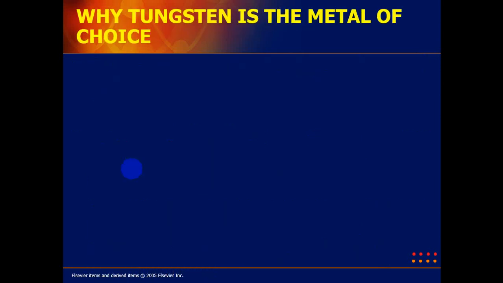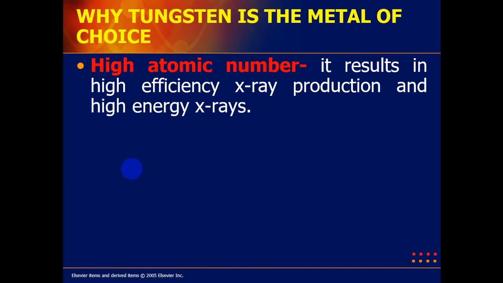So why is tungsten the metal of choice? Indeed, there are many kinds of metal. Gold is a metal, so why tungsten? Because it has a high atomic number. It has an atomic number, if I'm not mistaken, of 74.